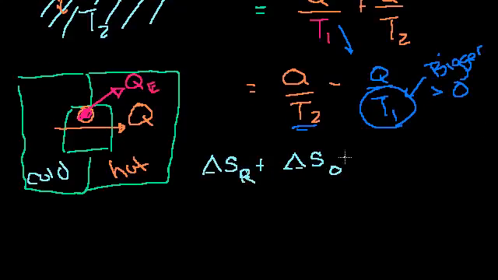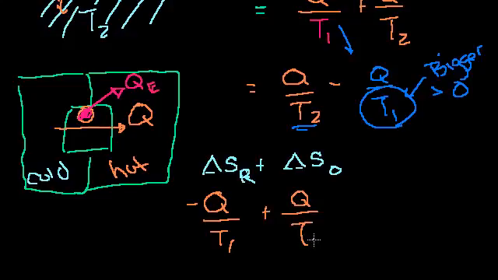So this change in entropy for the room, it's giving away heat. Let's say the room is roughly at a constant temperature for that 1 millisecond we're looking at it. It's giving away some Q at some temperature T1, so that's a minus. And then the outside is gaining some heat at some temperature T2.